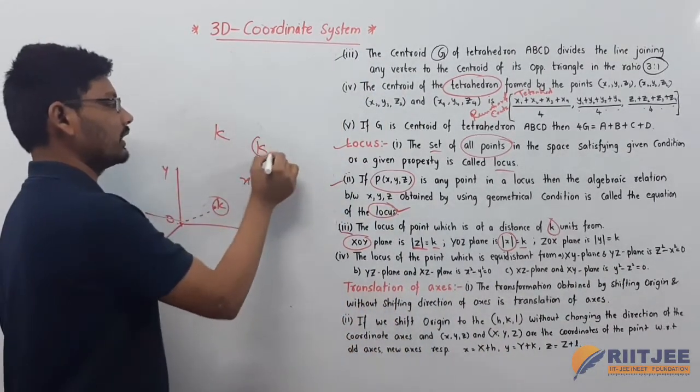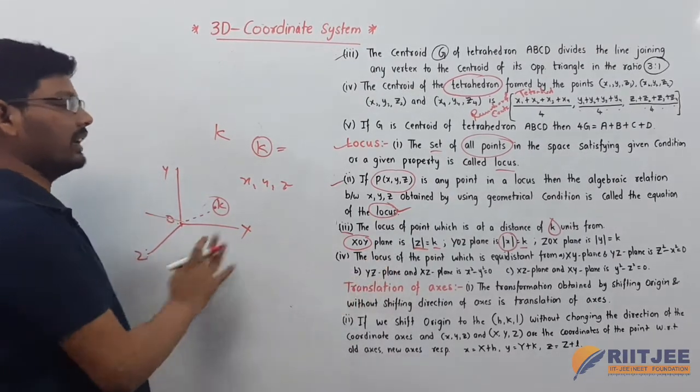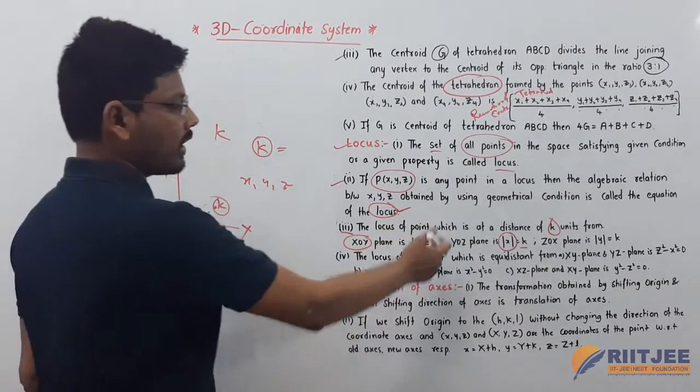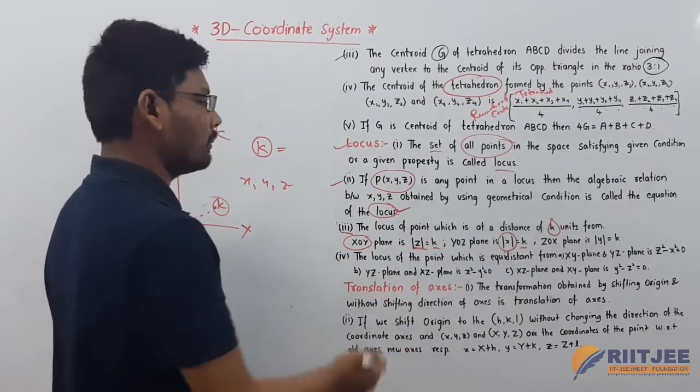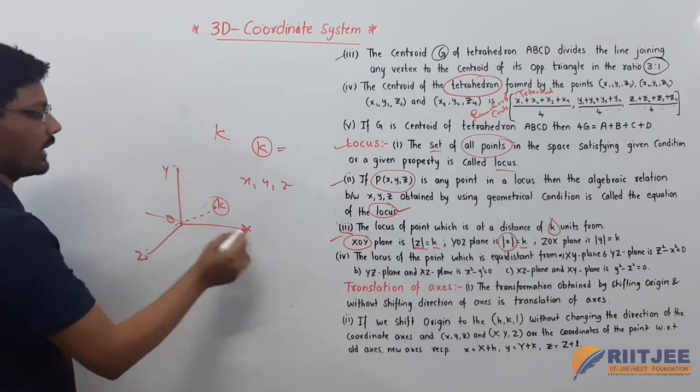Every time we get the distance k from the plane. So this is the locus of the point which is at k units from the three planes, the xy plane, yz plane and zx plane.